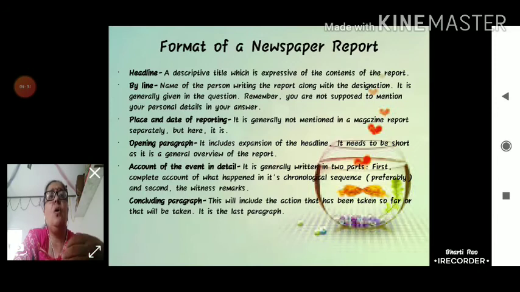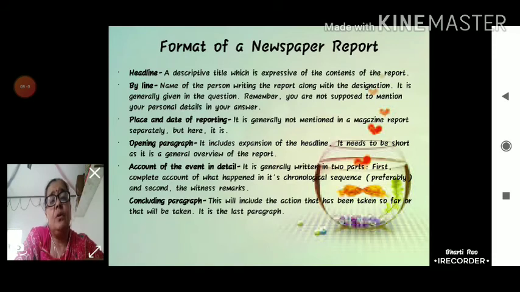Then comes the format of the newspaper report. In the newspaper report also you will have the heading, then you will have the byline, same way, only write the person's name. But along with that, here you will have to write even the designation. Personal details should never be mentioned.